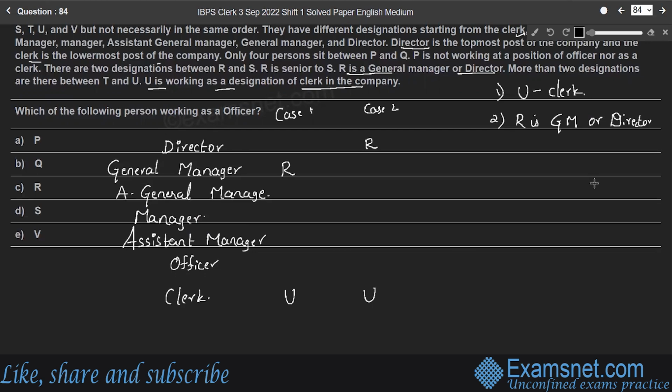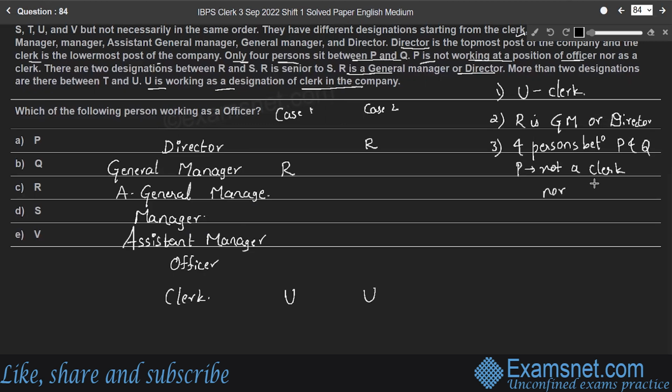Next point. Here only 4 persons sit between P and Q, and P is not working at a position of officer nor as a clerk.